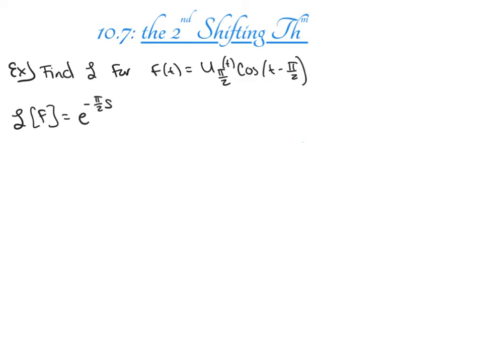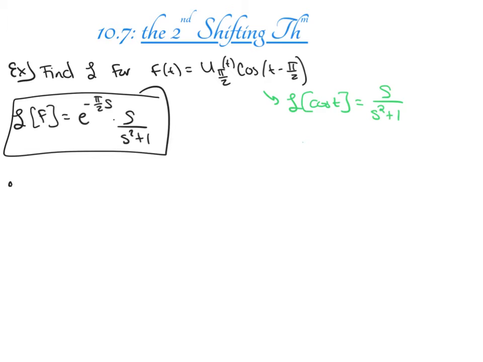So this will just be the Laplace transform of cosine of t, and that is s over s squared plus 1. Okay, so since we have the appropriate shift already taken into consideration for cosine, this is e to the negative pi halves s times s over s squared plus 1.